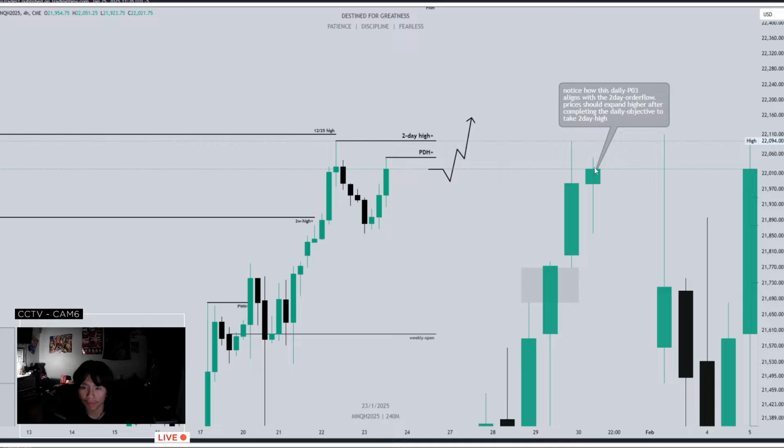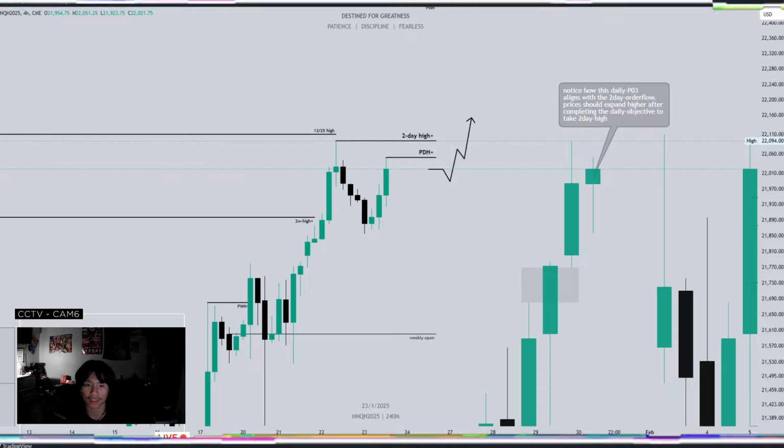So instead of basing my model here on the daily time frame, I'm going to use the 4-hour time frame as my model because of the idea called scope. Scope is just a concept that allows you to understand when price is going to complete an objective, right? So in this case, like I said before, we should complete the daily objective within the next 4 hours.